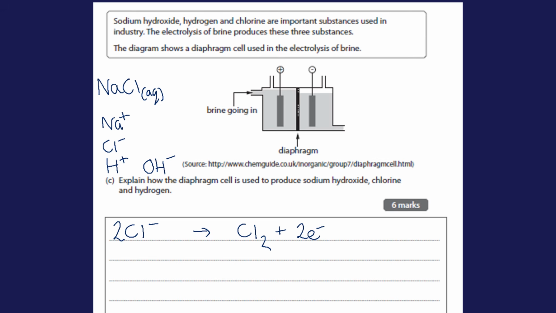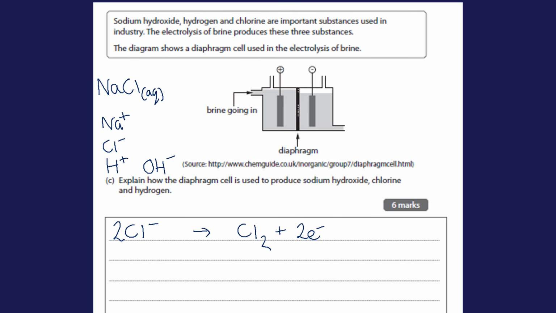I am going to open up by telling the examiner that brine contains these 4 ions. I'm then going to say chloride ions will be attracted to the anode, and chloride ions will become chlorine gas by losing electrons. And I can give this equation. So I've already answered how chlorine is formed.